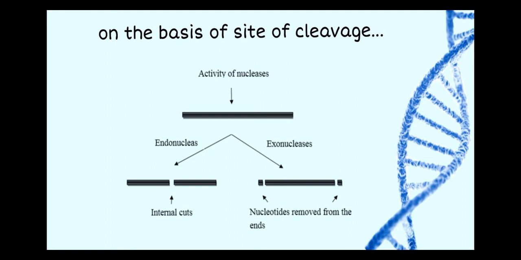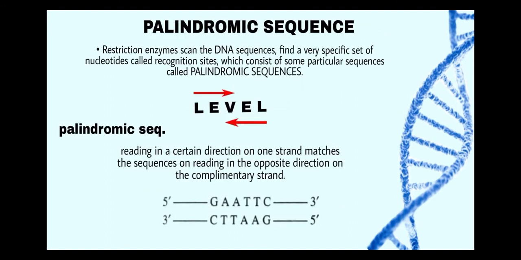Endonucleases cut the polynucleotide chain of DNA in the middle, whereas exonucleases cut the polynucleotide chain at the ends. Restriction enzymes cut the DNA at specific nucleotide sequences called palindromic sequences, and these palindromic sequences have an interesting characteristic.